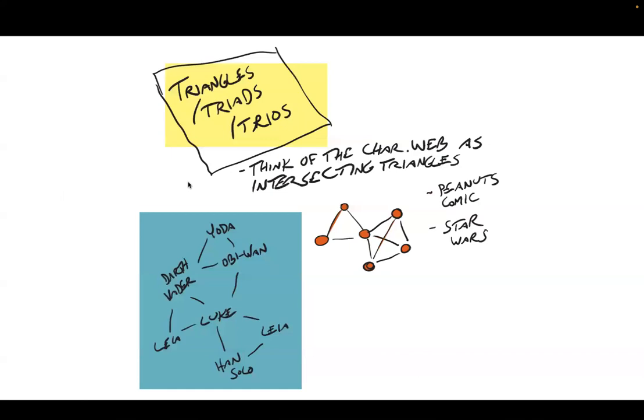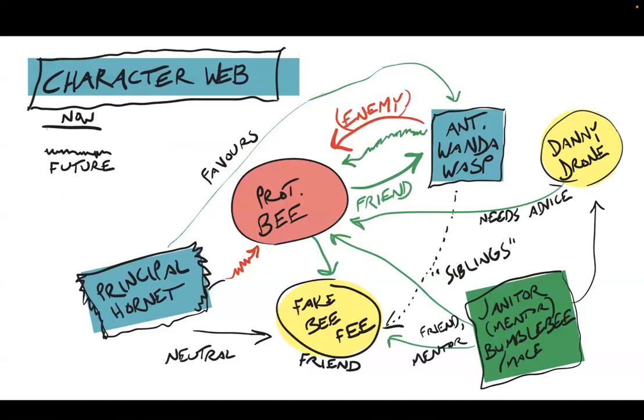Let's go a few steps back into character webs. This could also be called a character map. Here's an example of how a school of bees could be written as a map between these different characters.